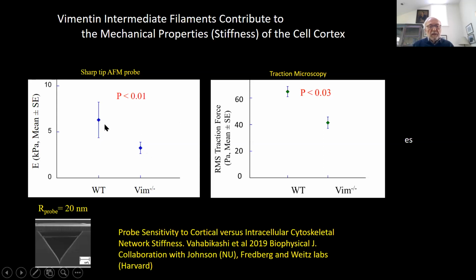And you can see a great decrease in the stiffness of the cells at the cortical region. And we also showed using traction force microscopy that there was also a significant reduction in force exerted by the Vimentin nulls on the substrate.